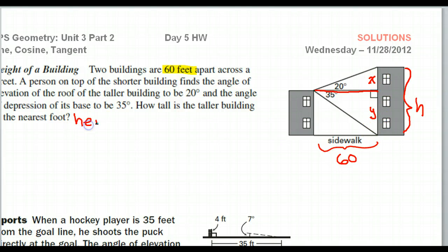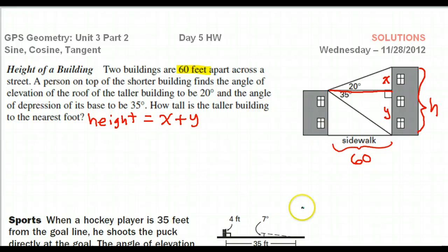So the height of the building is going to be X plus Y. So we're just going to find X and Y and then add. So let's do that. Let's just take one triangle at a time and solve. So it's like two separate problems.